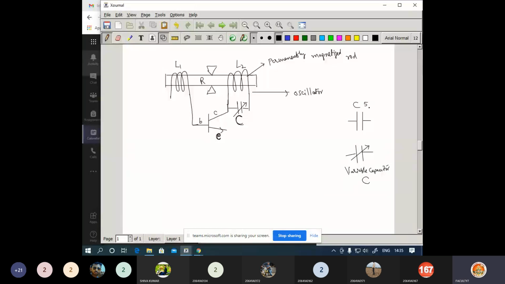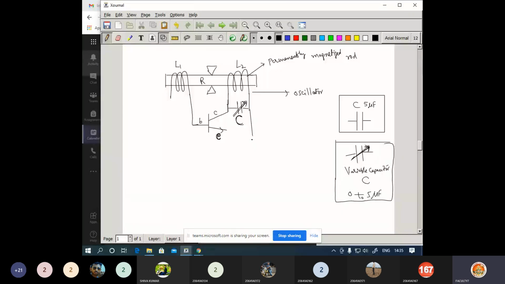If this is some 5 microfarads for this particular capacitor, you can vary the capacitor value from 0 to 5 microfarads. You can vary the values. So that is a variable capacitor. There will be an arrow mark here. So identify this is a variable capacitor. So you can vary the capacitance of that capacitor.